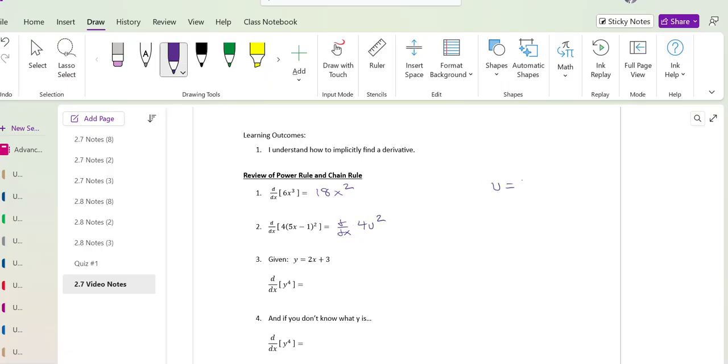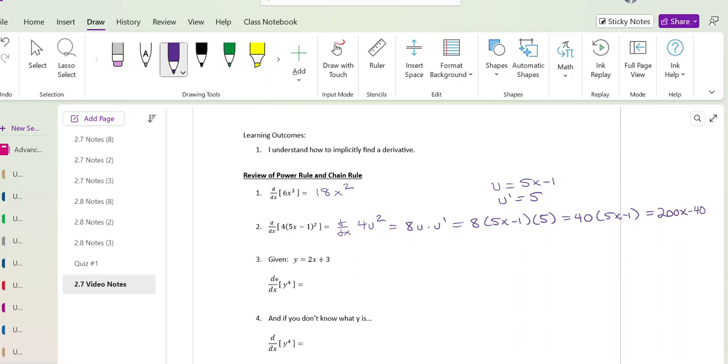The u is equal to 5x minus 1, so the derivative of u would be 5. And when you take the derivative, it's 8u times u prime. That's the chain rule, which means it's 8 times 5x minus 1 times 5, which means it's 40 times 5x minus 1, which is 200x minus 40.